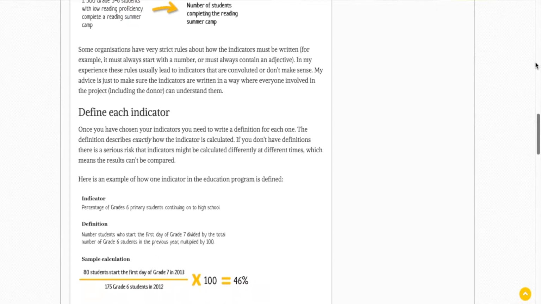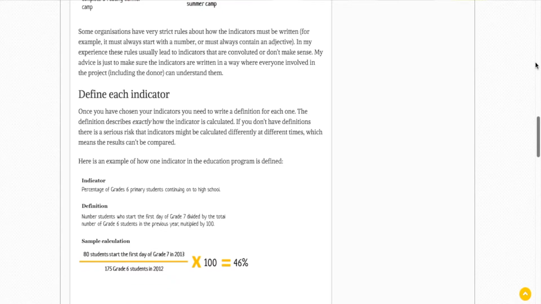Once the indicators have been finalized, the definition of each indicator has to be written. For the earlier indicators, they have mentioned the definition and then calculated the percentage.